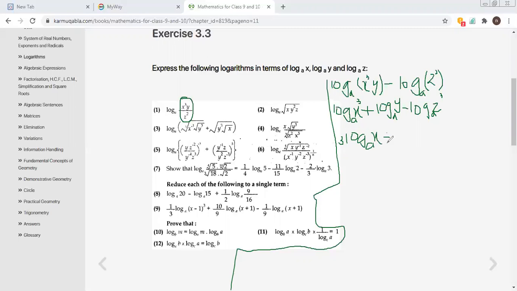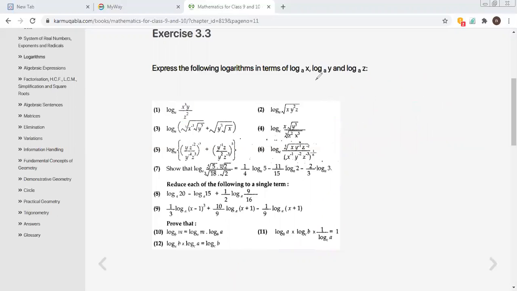Here there is no power on the y, so we will write the second term as it is, and the last term will be 3 times log of a of z. Okay. Is there any confusion, Aisha? No, miss. Okay.